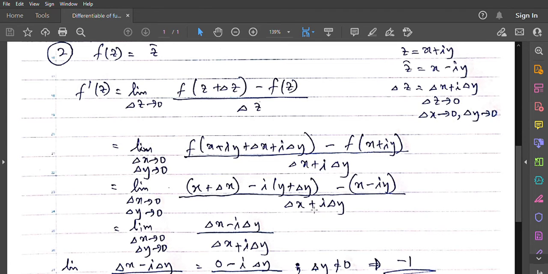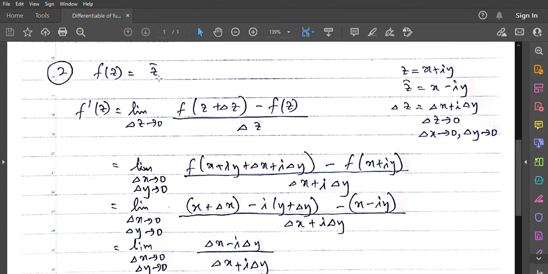So the upper part is okay, delta z equals delta x plus i delta y. So the real part of this is x plus delta x, then the imaginary part of this function is i times y plus delta y. So this is the imaginary part, this is the real part.